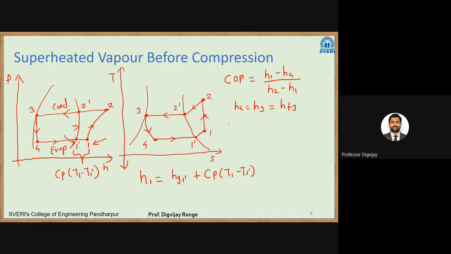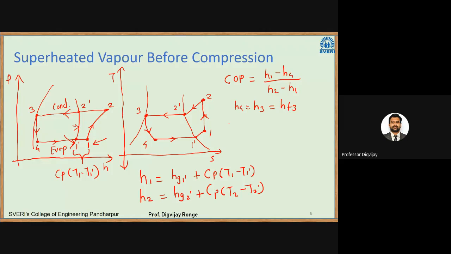Similarly, I can calculate H2 also, only the notations will change. H2 will be equal to Hg2 dash plus Cp into delta T, where delta T will be T2 minus T2 dash. Thus we can calculate the enthalpy values H1 and H2.